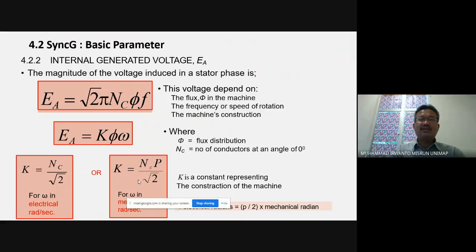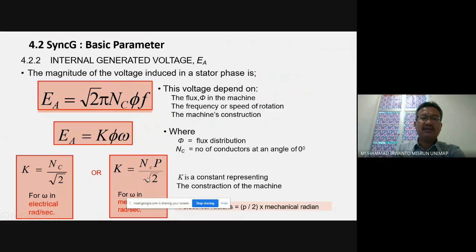And then we have the relationship between electrical radians per second and mechanical radians per second. From this formulation, we can see that 1 electrical radian per second is equal to P over 2 multiplied by mechanical radians.